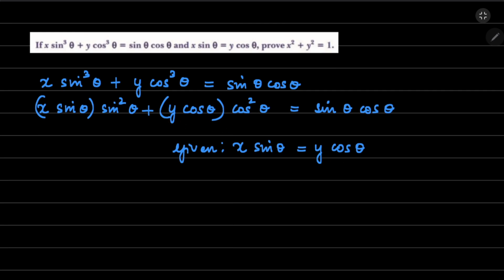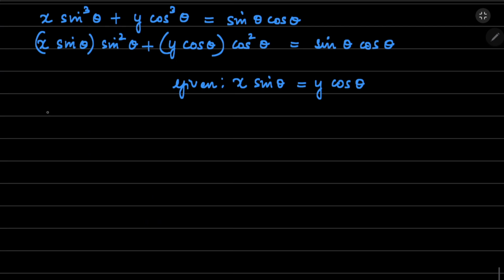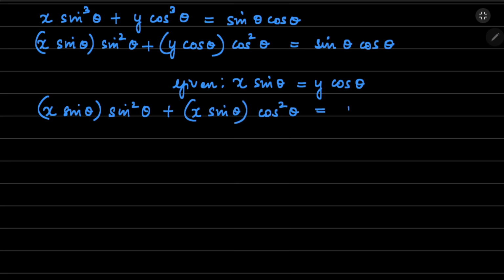So, let's rewrite it. x sine theta multiplied by sine square theta plus, in place of y cos theta, I am going to replace it with x sine theta. So, x sine theta into cos square theta is equal to sine theta cos theta. Let's take this x sine theta common from the two terms.